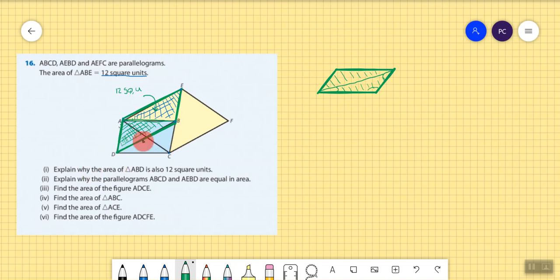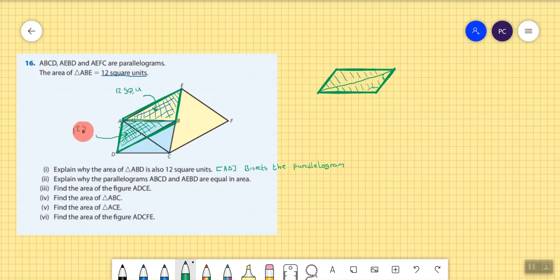So that's why. Okay, so you can say, explain why, because the line segment AB bisects the parallelogram. So that's why this piece here is also going to be 12 square units.